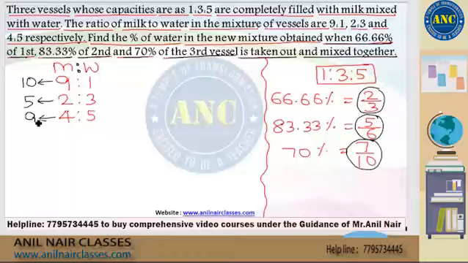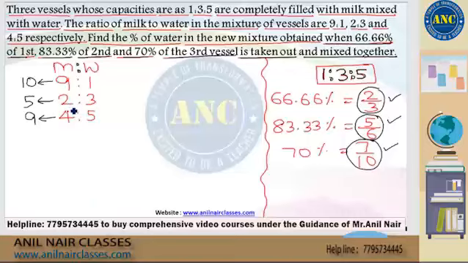The first thing that I want to do is, the question says 3 vessels are mixed in this ratio of 1:3:5. They are also again mixed in the ratio of 2 by 3 to 5 by 6 to 7 by 10. In simple language, first let us convert everything to be 1:1 ratio.